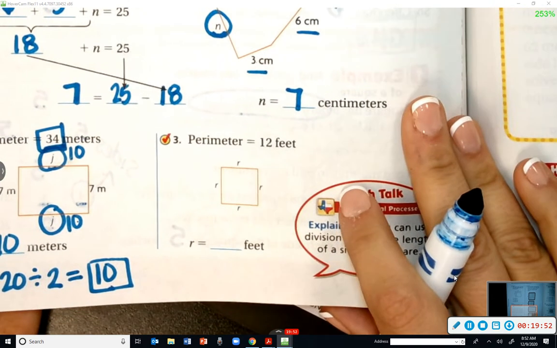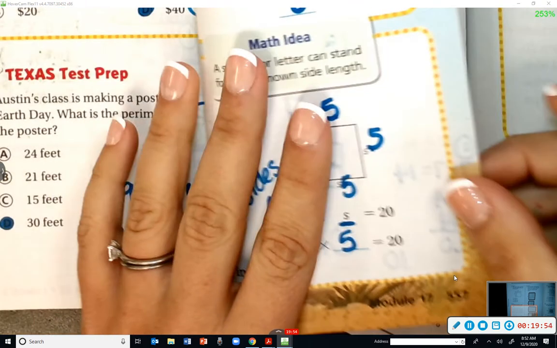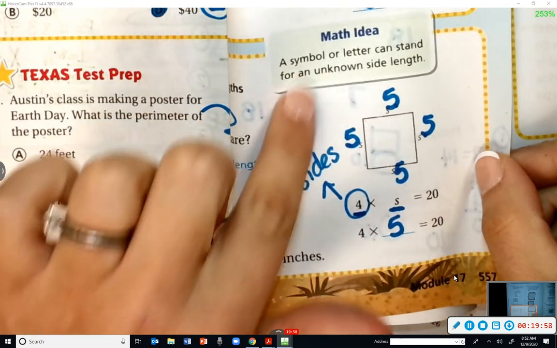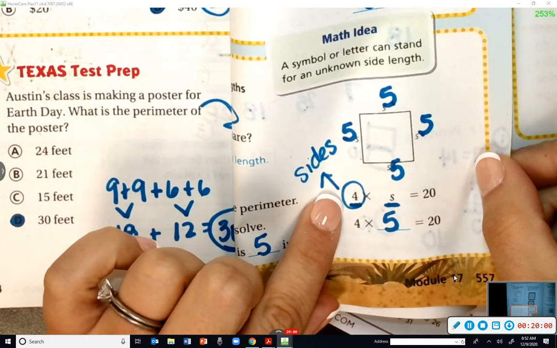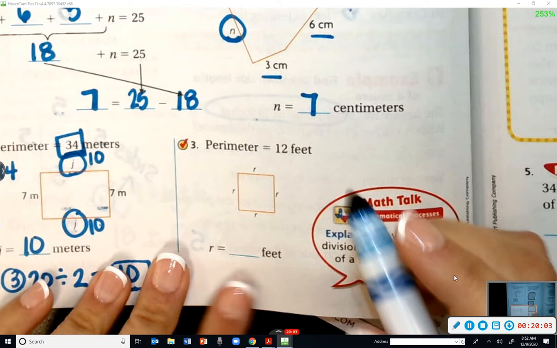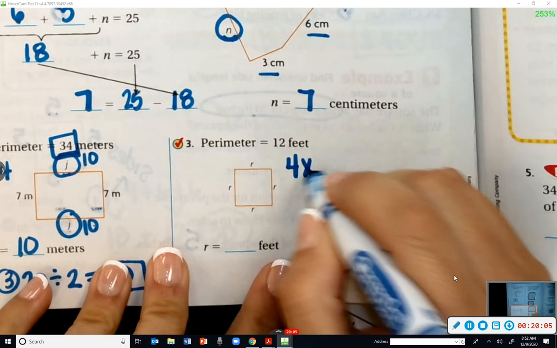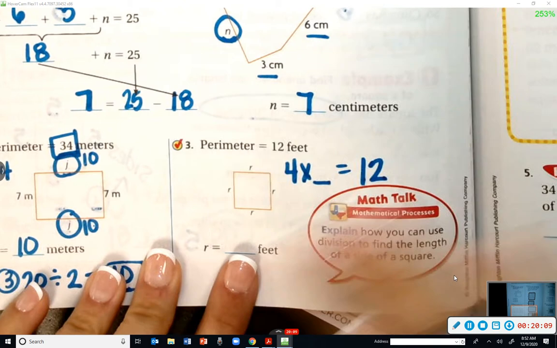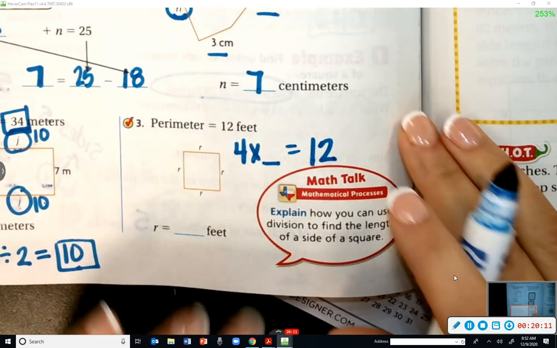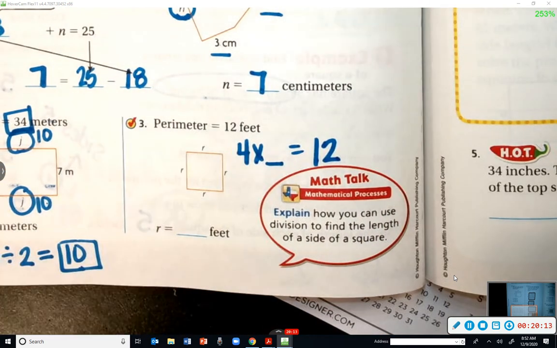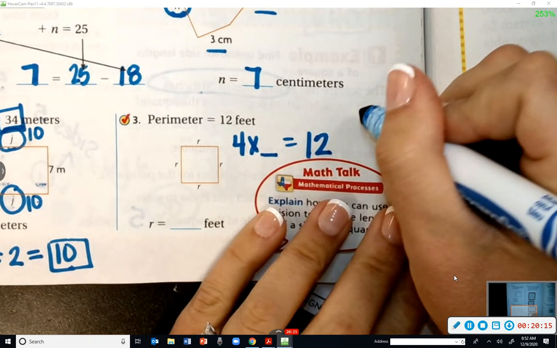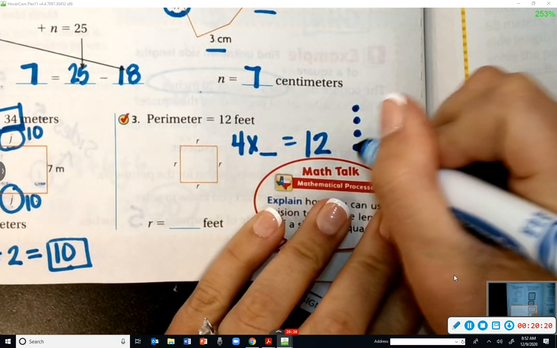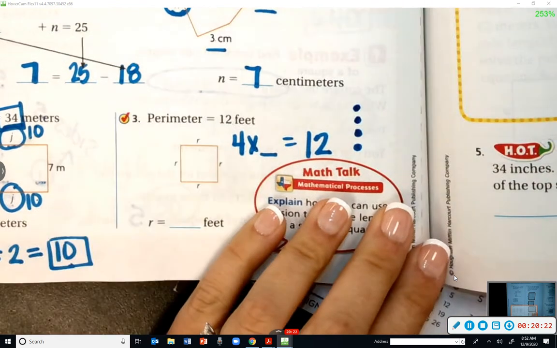Number 3. This was like the example we did in the beginning with the square. All four sides are the same, so we take the 4 and we have to figure out what it's multiplying by to equal 12. That's the same thing as doing a division problem. So I could start by just doing 4 rows if I don't know my facts yet.